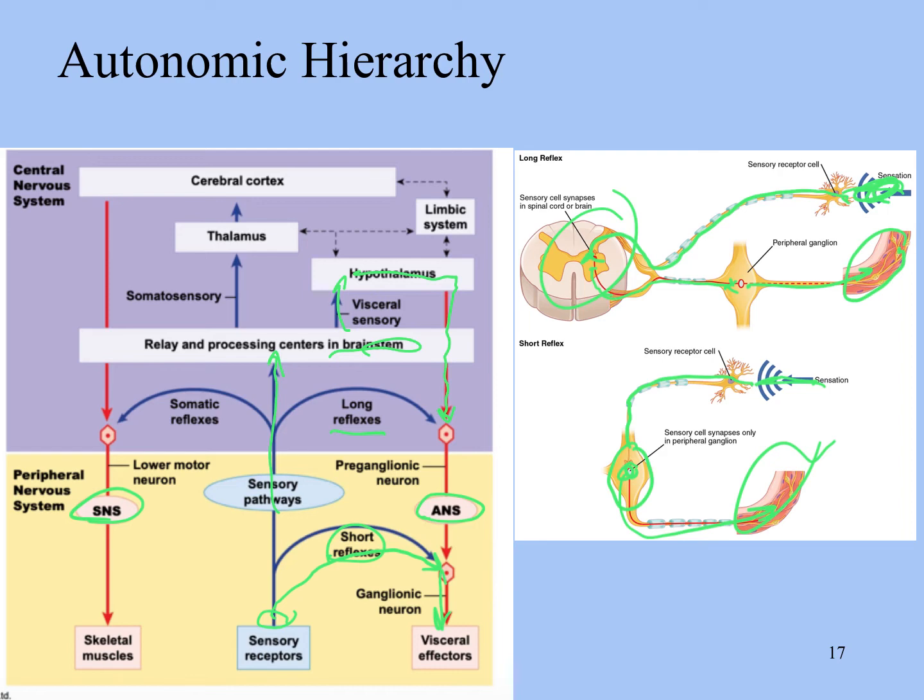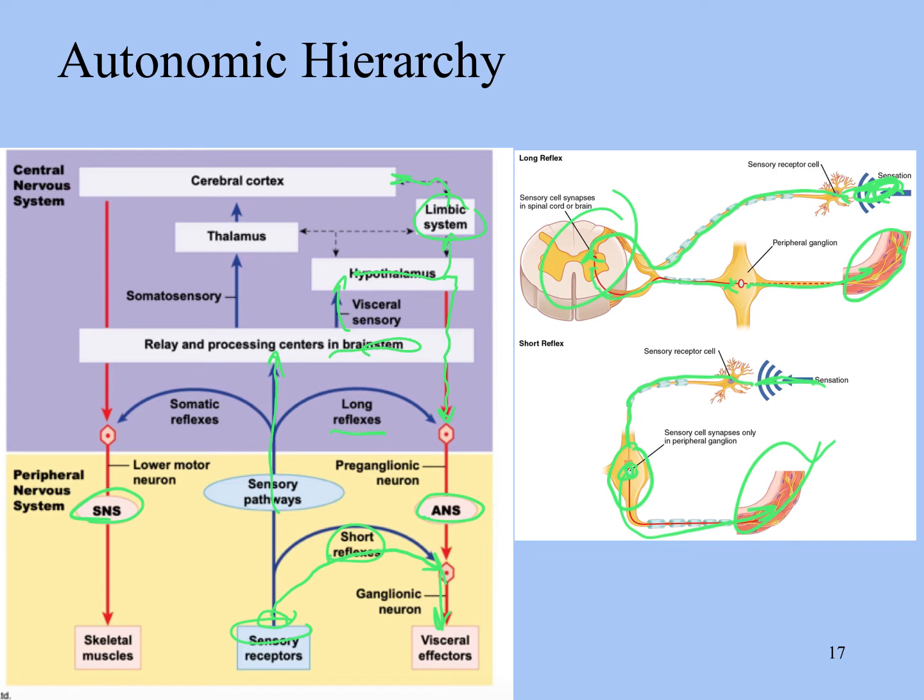Now notice that under some circumstances the limbic system may be involved, or even the cerebral cortex may be involved. So if the cerebral cortex is involved, you have an awareness that this is happening. If the cerebral cortex is not involved and the limbic system is involved, then you may have an emotional response to whatever is happening that's associated with the sensory signaling.